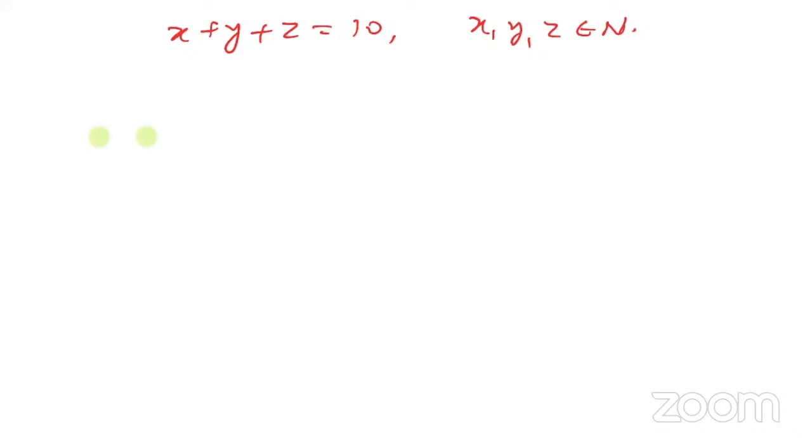10: 1, 2, 3, 4, 5, 6, 7, 8, 9, 10. See, in this case, we can understand it like each bag contains at least one ball. So 1, 2, 3, 4, 5, 6, 7, 8, 9.